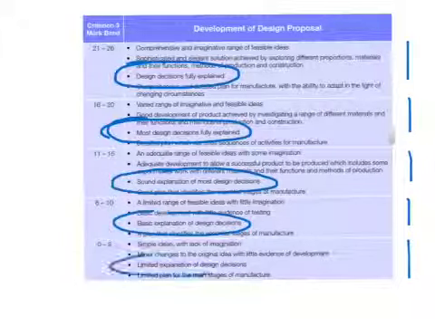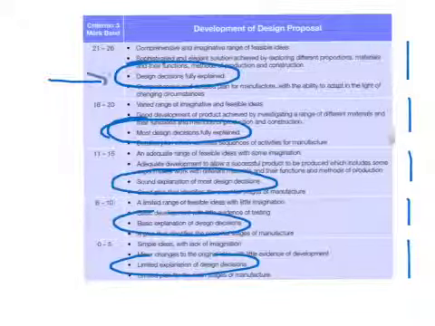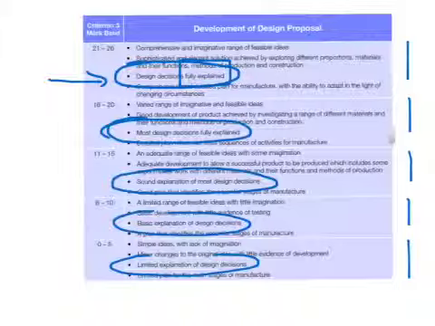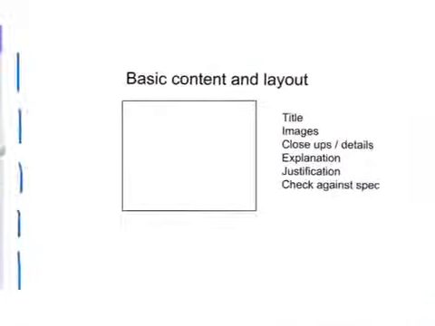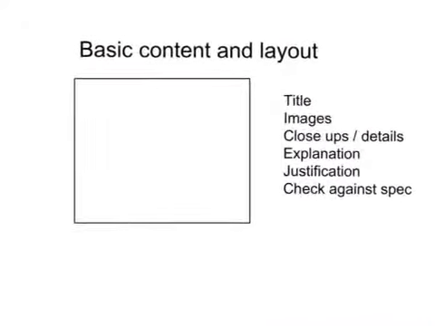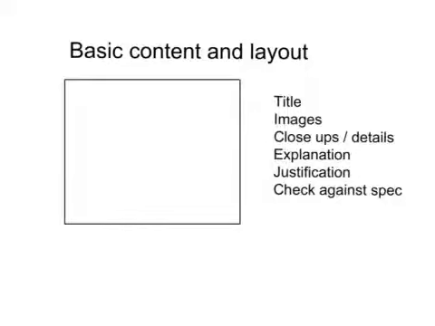So you can see to get the top, the A star, B, you need to make sure that each of your design ideas is fully explained, so the person who is reading your work isn't left with any questions about that particular idea.